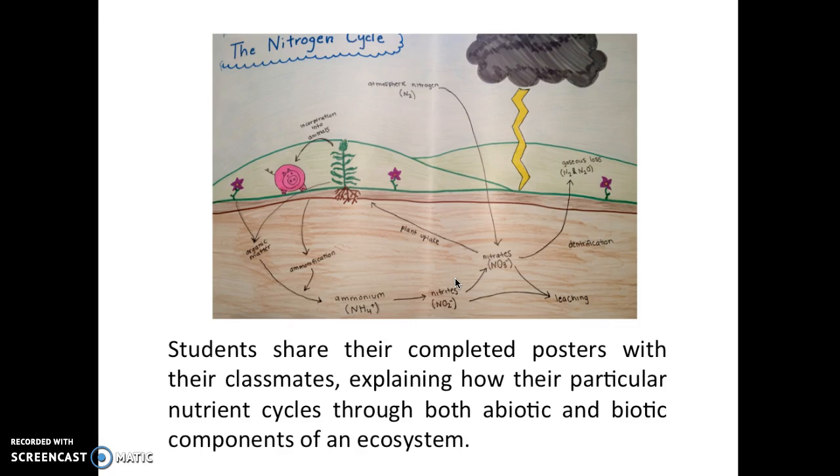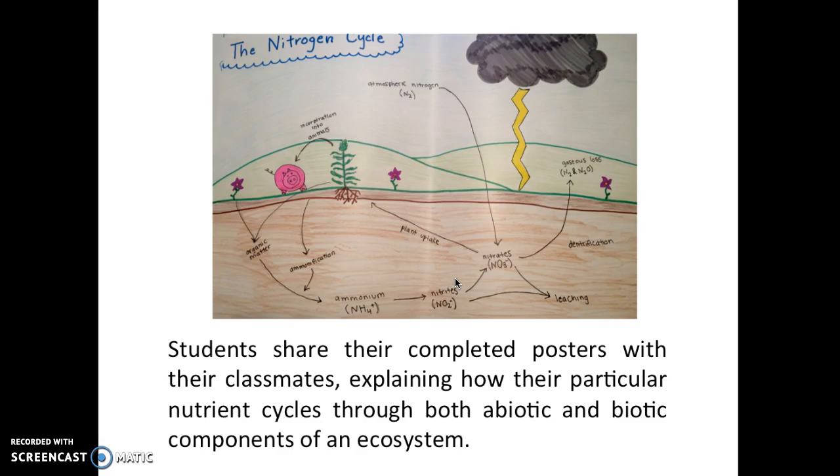So here's an example of student work, the nitrogen cycle. You can see that they've been pretty creative. You've got incorporation of nitrogen into animals and plants, through animals eating plant material. You've got the ammonification step where nitrogen is converted into ammonium, and then through bacteria in the soil into nitrites, and again, another conversion step, nitrites into nitrates, rather.